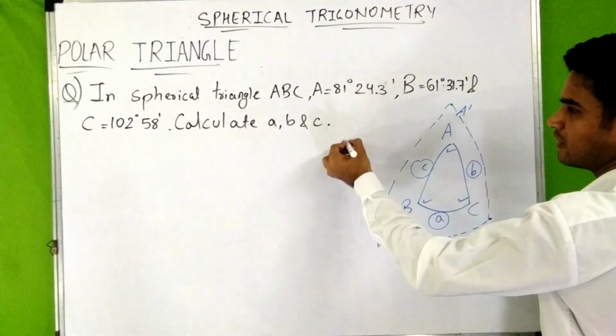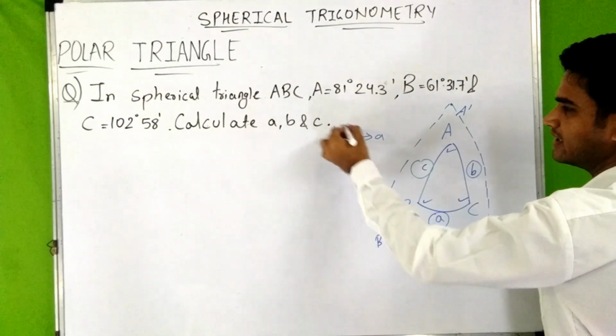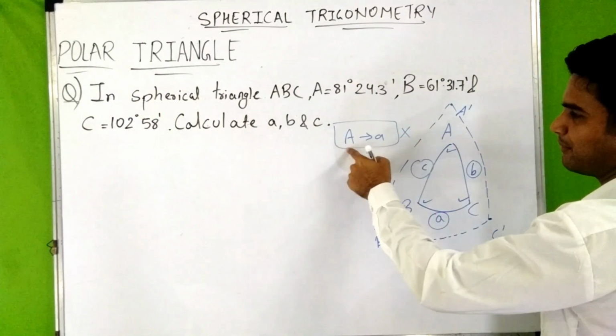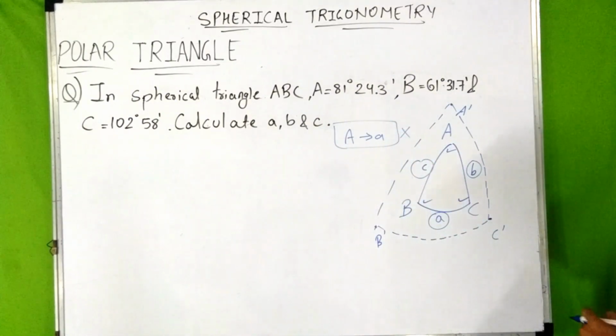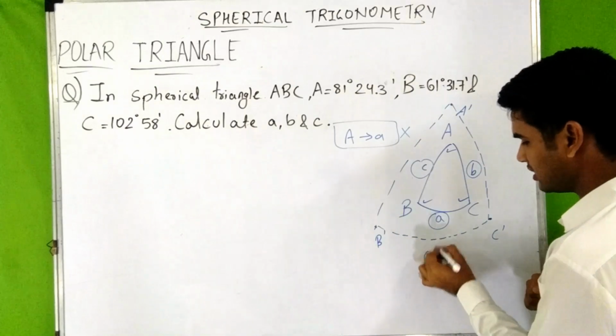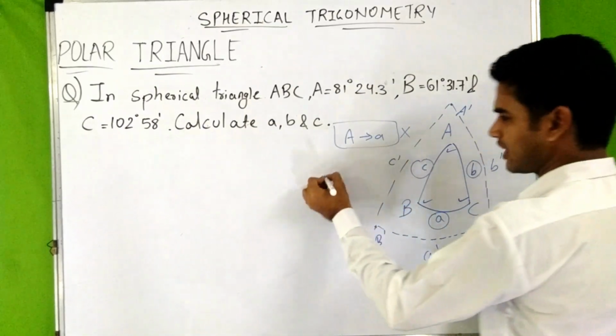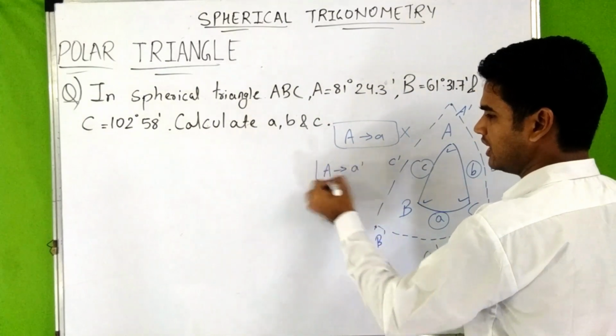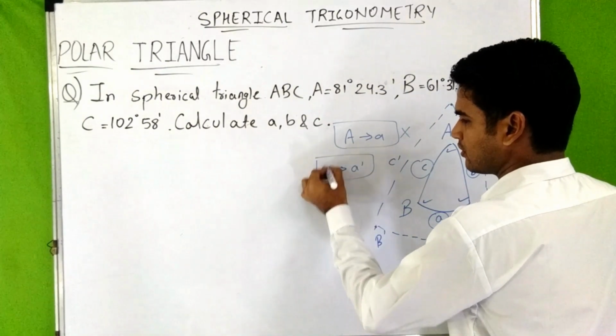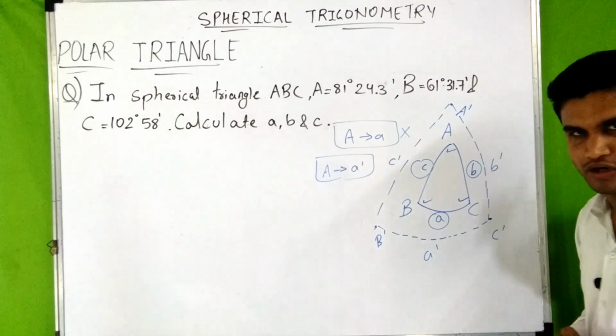Now these angles are already given to us, and we have to find all these three sides. But we know that we don't have any direct relation of capital A with small a. So what will we do? We have a relation of capital A with small a dash, according to the first statement of polar triangle.